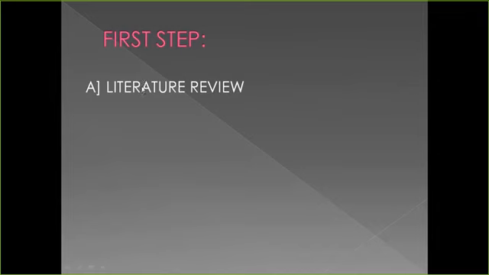Okay, literature review. First of all, forget this term. First of all, you need to find out what your interest is. Research in computer science and IT is a very vast area. We have different areas like artificial intelligence, machine learning, cloud-based and security-based research, and cyber security-based research.